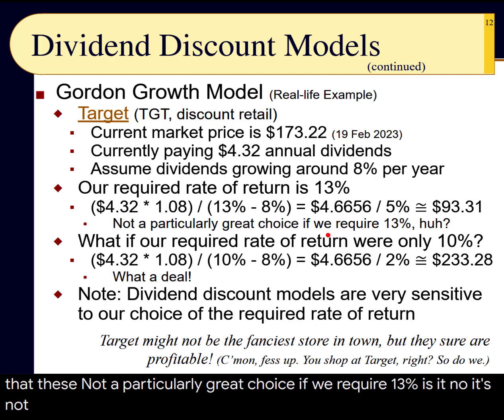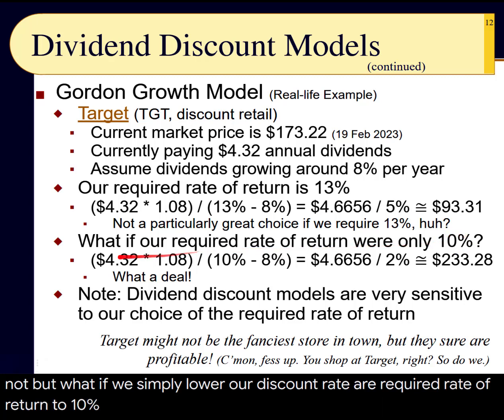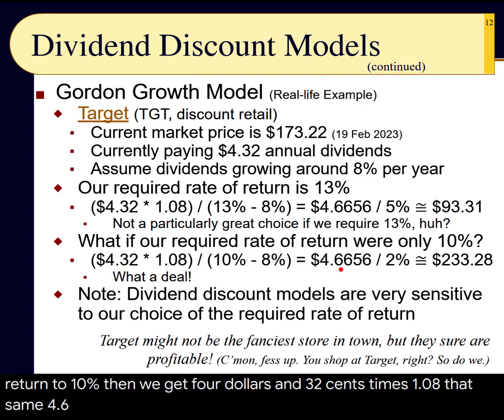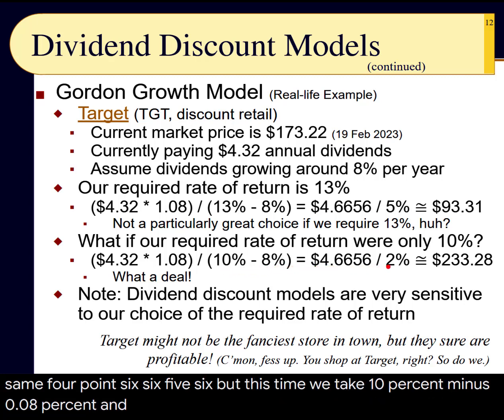No, it's not. But what if we simply lower our discount rate, our required rate of return, to 10%? Then we get $4.32 times 1.08, that same 4.6656. But this time we take 10% minus 8% and get 0.02.